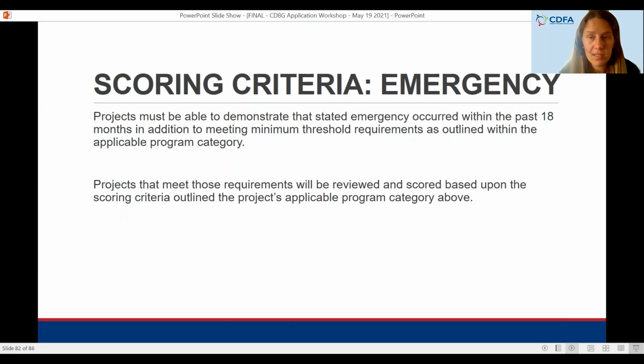We do have a checklist that we encourage you to use to show that the emergency occurred in the last 18 months and therefore meets the definition of emergency. And if it does, then we would be scoring that application on the scoring criteria, either in housing or public facilities, whichever is appropriate. And there is, again, no minimum score, but the higher the score of the project, the more likely it would be recommended for funding.